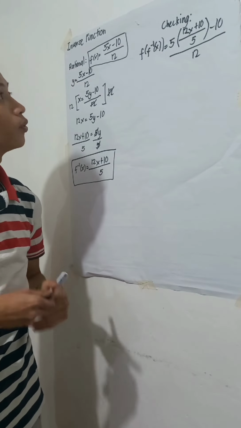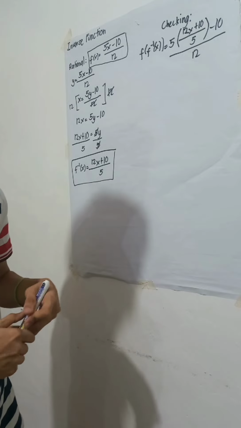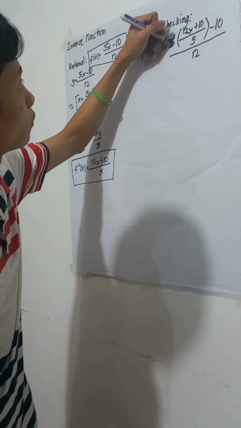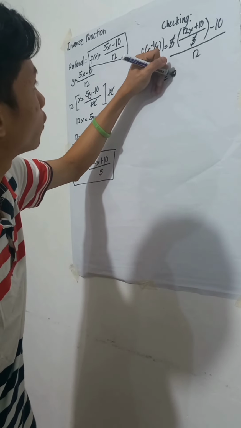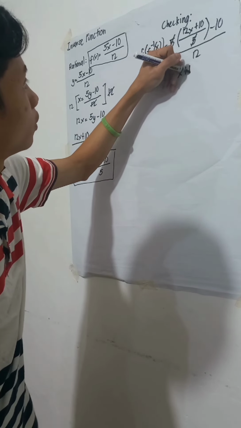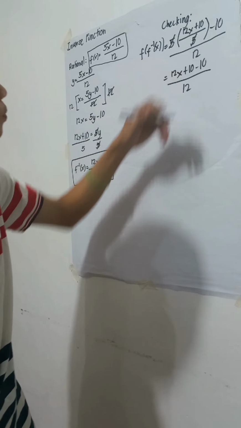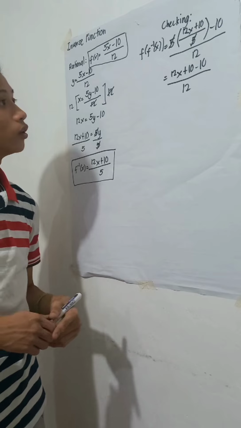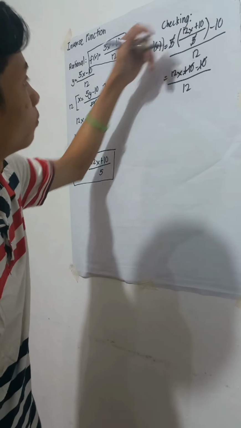So the next step, we're going to evaluate or simplify. We're going to remove this 5, cancel out this one, so that will result as 12x plus 10 minus 10 over 12. Next, we cancel out positive 10 and negative 10.